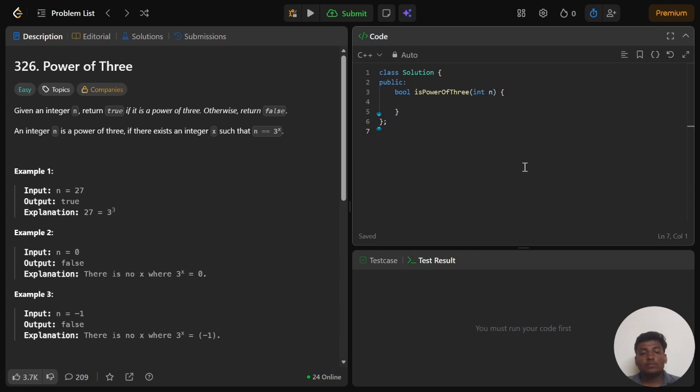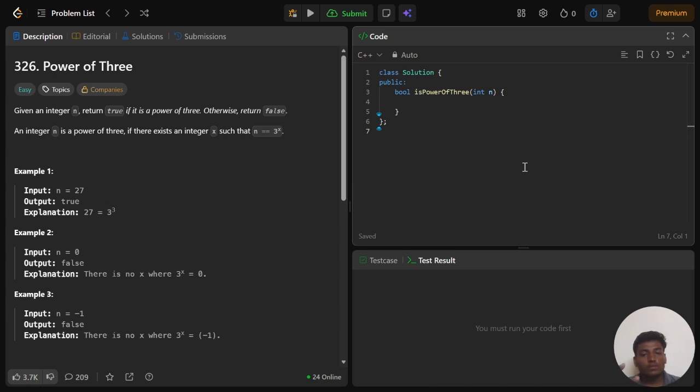If n is a power of 3, then it must be a divisor of this maximum value also. This is common sense only: if n is a power of 3, then n should be a divisor of the maximum value which I have written here.